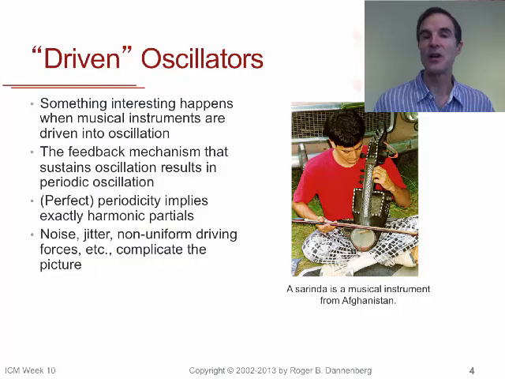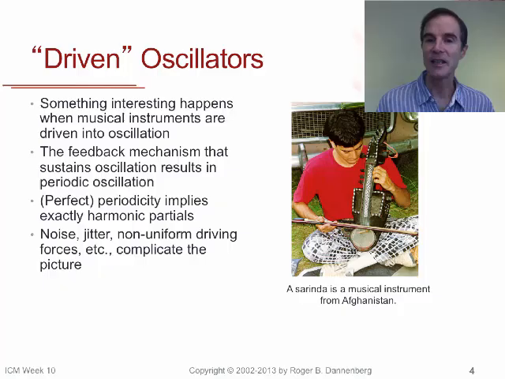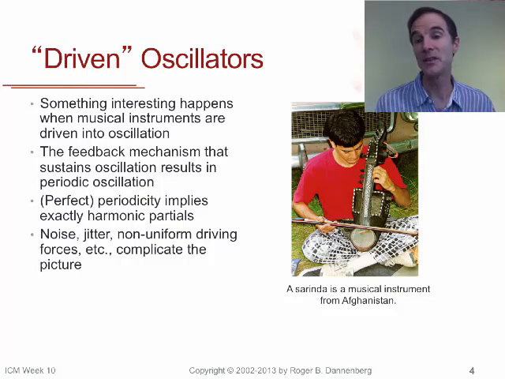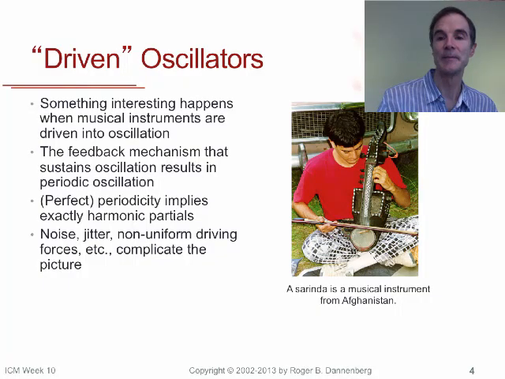In reality, there's always noise and jitter and non-uniform driving forces, etc. And so these complicate the picture a little bit, perhaps perturb the system from perfect harmonic oscillation. But the approximation that driven oscillators produce periodic harmonic spectra is a very good approximation.